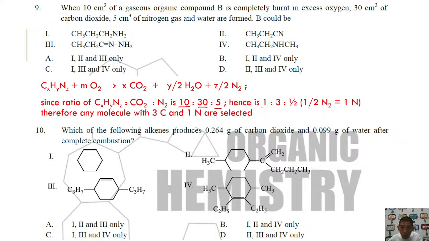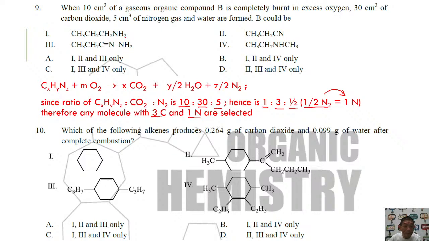Hence, the simplest ratio is 1 to 3 to a half. The half refers to half a nitrogen molecule, which is equivalent to 1 nitrogen atom. Therefore, this organic compound has 3 carbons and 1 nitrogen. So as long as options 1, 2, 3, 4 contain 3 carbons and 1 nitrogen, it could be our answer.